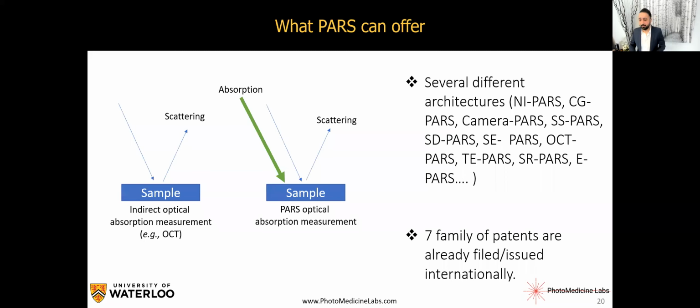So let's quickly look at this figure to explain why PARS can provide us with better functional capabilities. There are technologies, for example optical coherence tomography, OCT, that also try to measure optical absorption, but they do that indirectly. What does that mean?